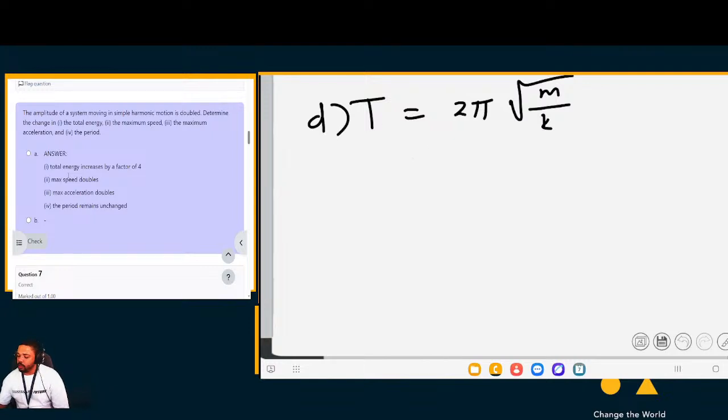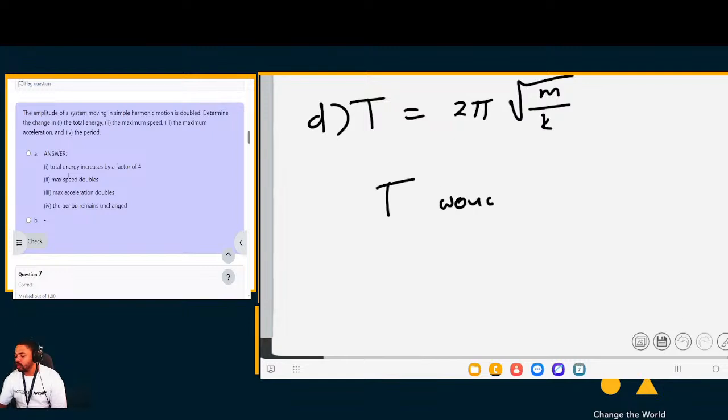So this is the period. If we double the amplitude, you'll see here the period is only based on the mass and the spring constant. So if we were to double the amplitude, the period would stay exactly the same. The period T would not change.